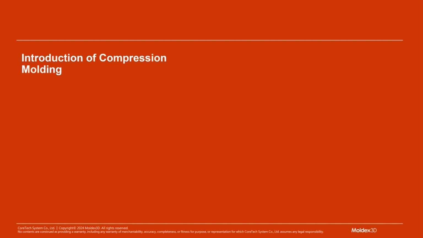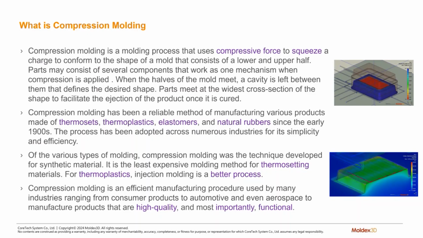The first topic is the introduction of compression molding. As we know, compression molding is the molding process that the operator puts the material, which we call the charge, into the mold and then closes the mold and squeezes the charge into the cavity.